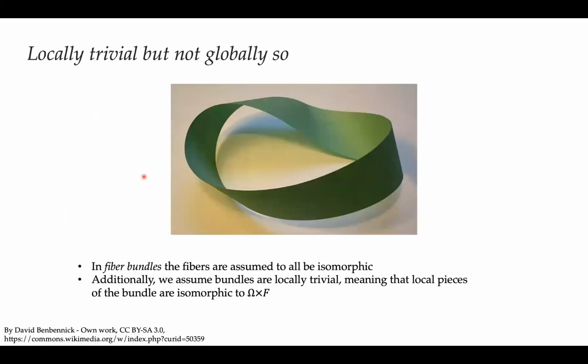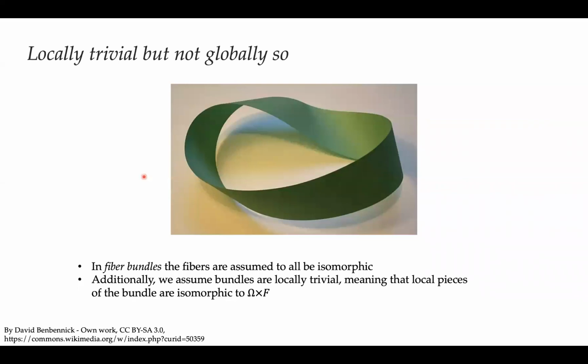Now here's everyone's favorite example of a bundle, the first non-trivial kind of bundle. Where we have as a base space, we can take a circle, and as fiber, we can take a line segment. And at each point of the circle, we attach a line segment, but now we see that there are multiple ways to glue these together.